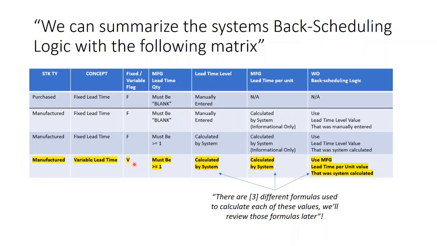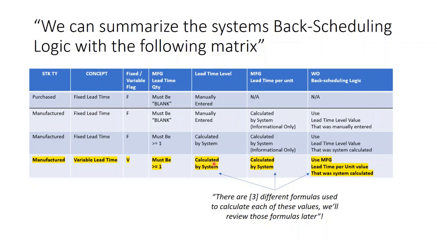Now, if we chose to use a variable lead time concept for our make item, remembering variable means the larger the lot size, the longer it will take, and the smaller the lot size, the less time it'll take. For variable lead time concepts, again, we must make sure the manufacturing lead time quantity is a value greater than or equal to 1, or a typical lot size.